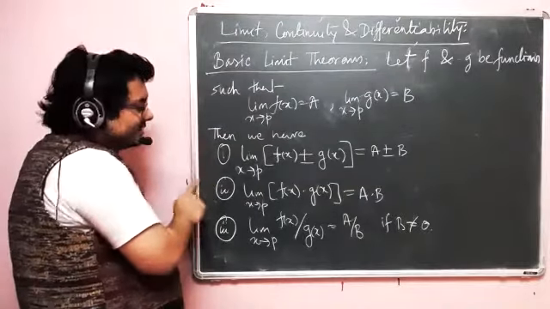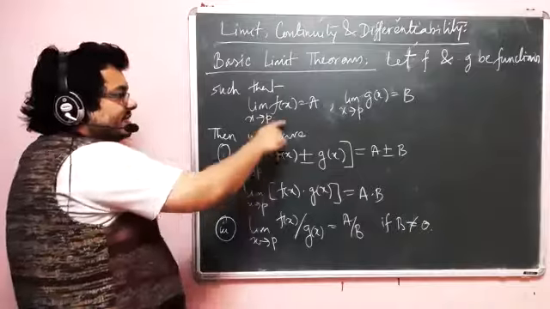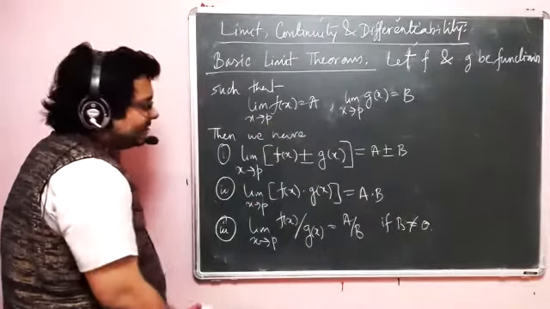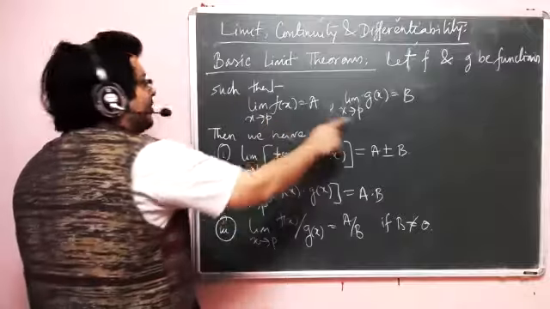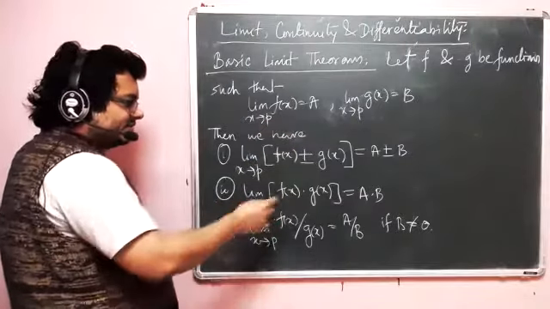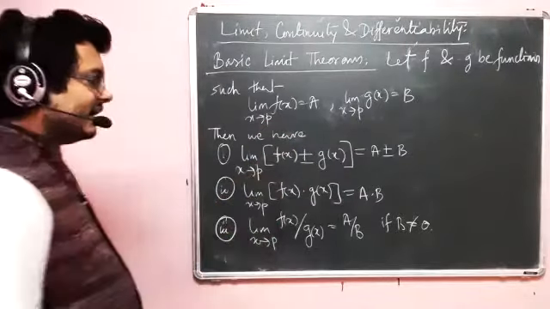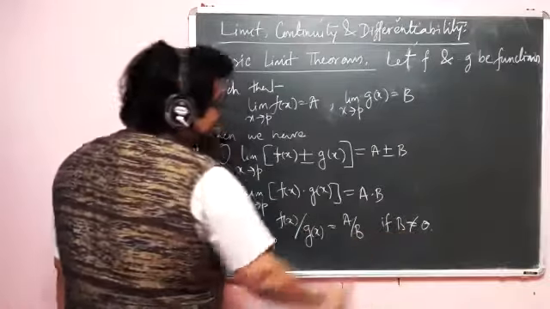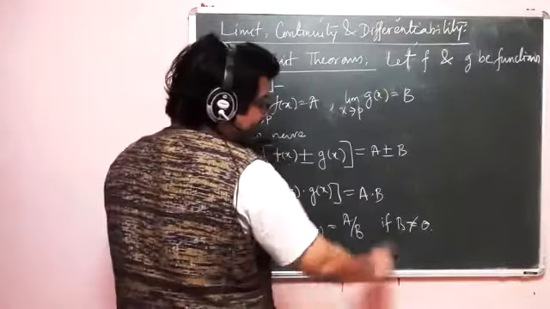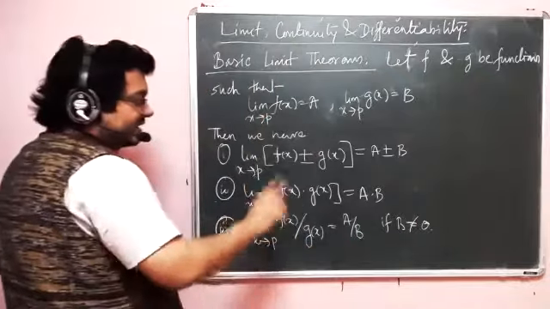So that means, first of all, in each of these three cases, these limits have to exist. That is the first thing. And they have to exist about the same point. So if one of these doesn't exist, then this whole result will break down. And lastly, in the third case, not only does the limit of g x have to exist, but it has to be something other than 0. So when I'm writing if b is not equal to 0, I'm not saying that the limit does not exist.